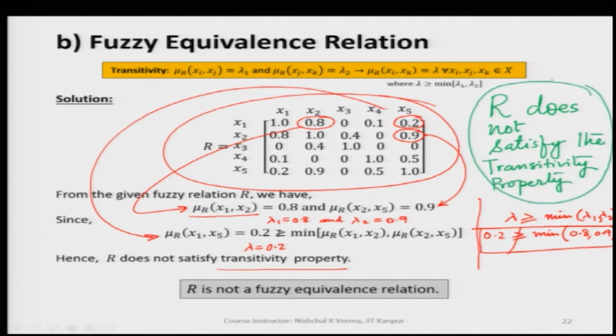So, in this case, since the third condition is not satisfied, we can quickly say that although the given fuzzy relation set is a fuzzy tolerance relation, it is not a fuzzy equivalence relation.